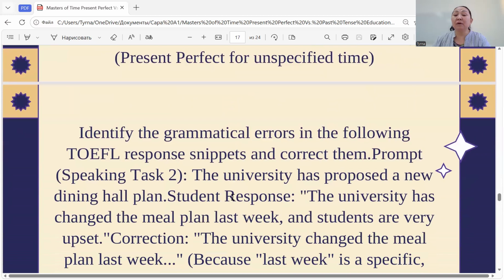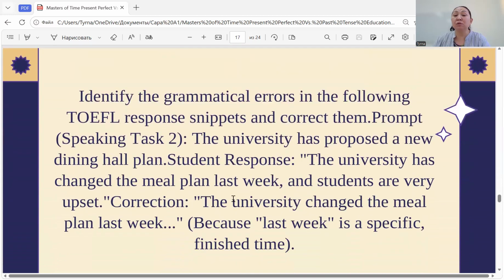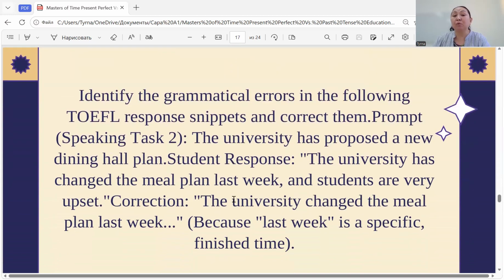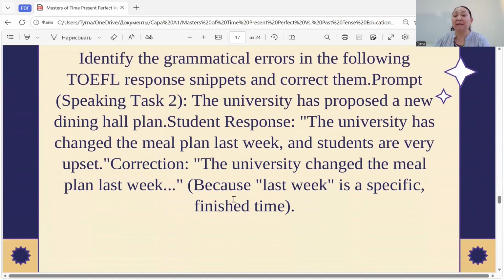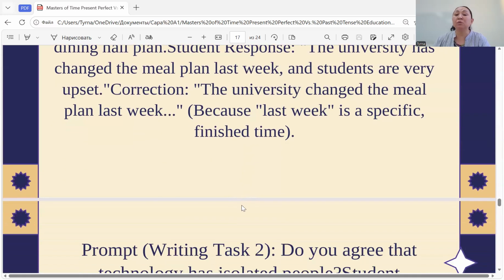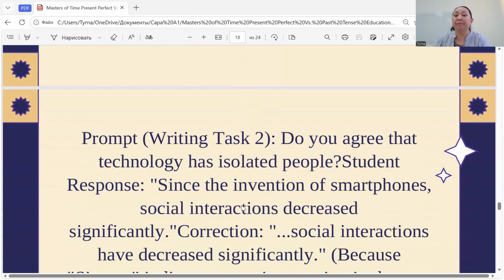Identify the grammatical errors in the following TOEFL response snippets and correct them. Prompt: The university has proposed a new dining hall plan. Student response: The university has changed the meal plan last week and students are very upset. Correction: The university changed the meal plan last week, because last week is a specific finished time.